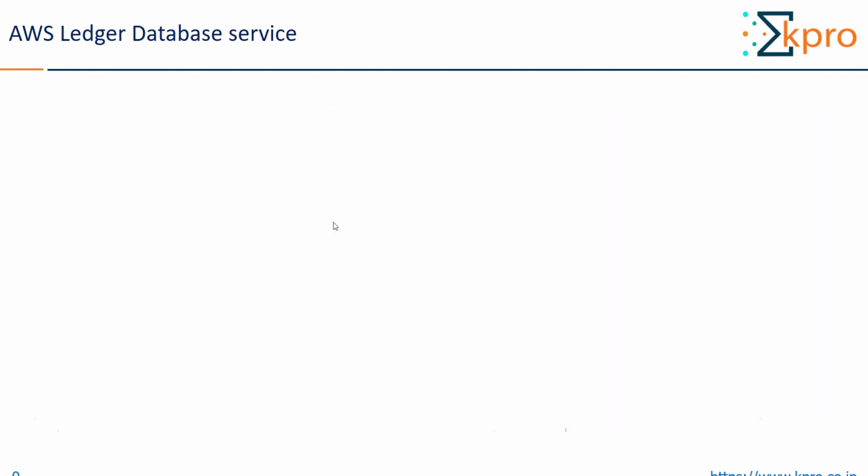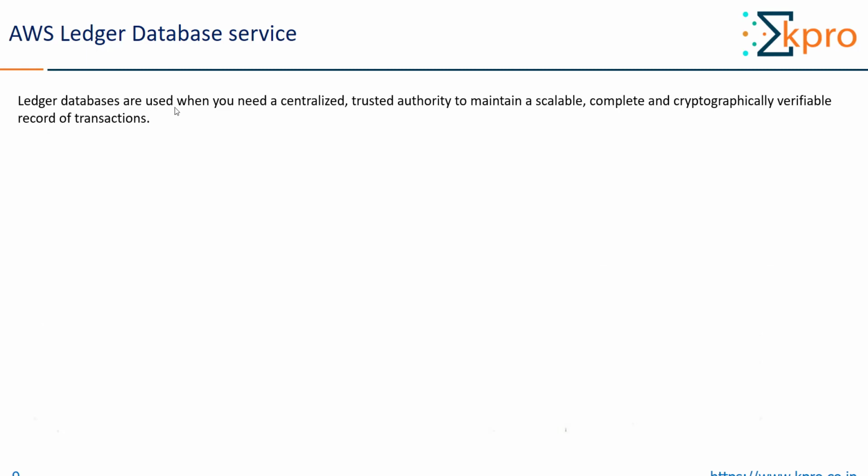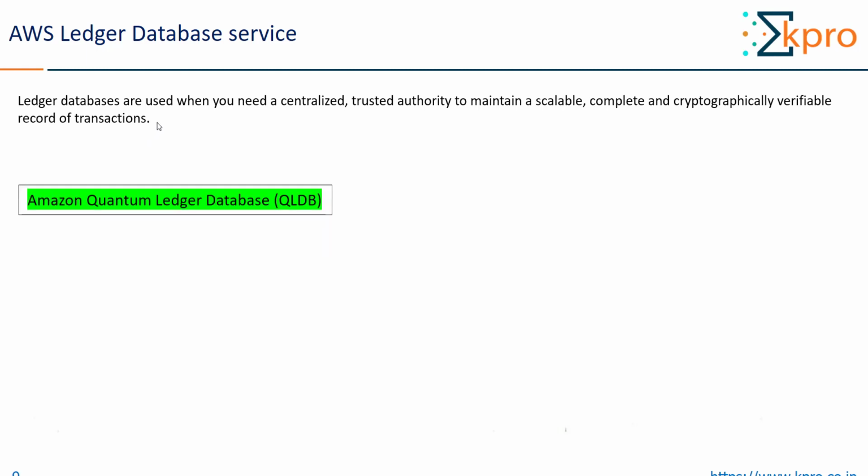AWS Ledger Database Service. Ledger databases are used... Ledger is a ledger book. If you have an account book, that is a ledger book. So the ledger database is used when you need a centralized trusted authority to maintain a scalable, complete and cryptographically verified record of transactions. So the database product is Amazon Quantum Ledger Database, QLDB.